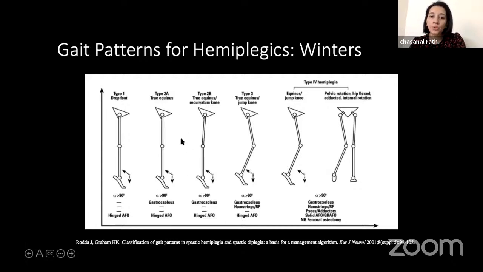And then the type 2, where there is just fixed equinus at the ankle, is further divided into 2A and 2B. So 2A is an early toe walker where just the equinus has happened. We'll not call them toe walkers because it's a hemi. So yes, they are walking on toe, but we don't call it an equinus gait. We'll call it a type 2A gait, where the ankle is in equinus, the knee is straight at initial contact, at mid stance, and at terminal stance, and the hip is also in neutral position.